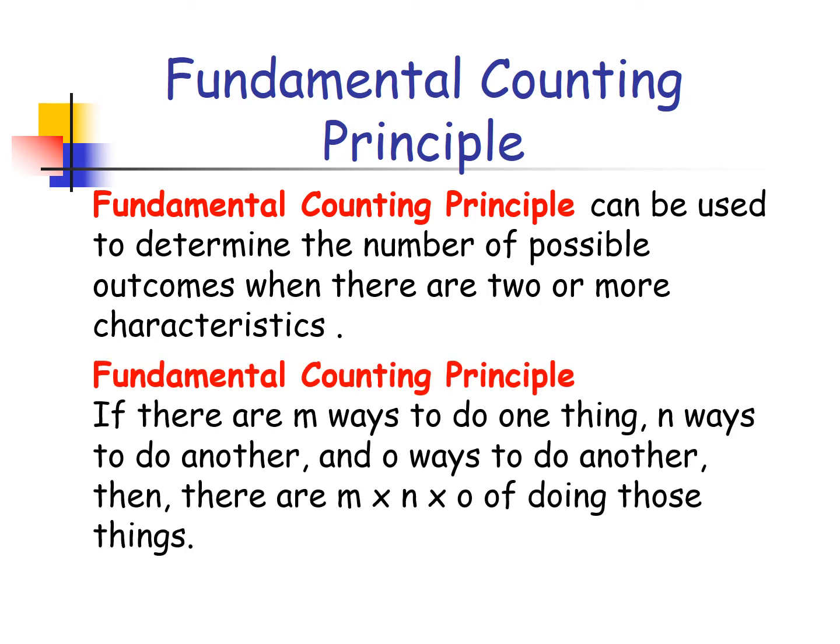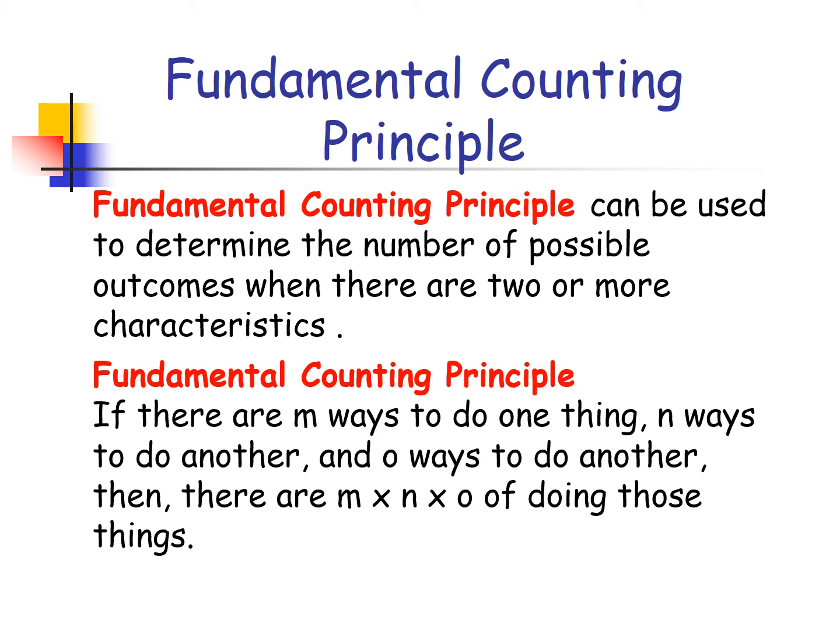And, this states that if there are m ways to do one thing, n ways to do another, and o ways to do another, then there are m times n times o ways of doing those things. Ayan. So, itong m, n, o, ibig sabihin nito, there are 3 characteristics.